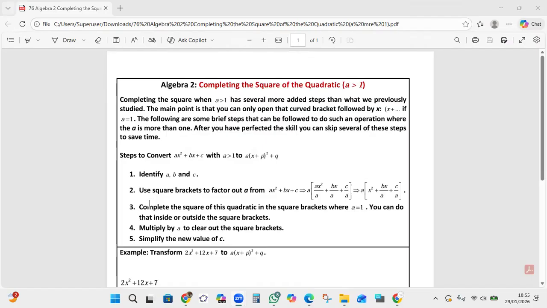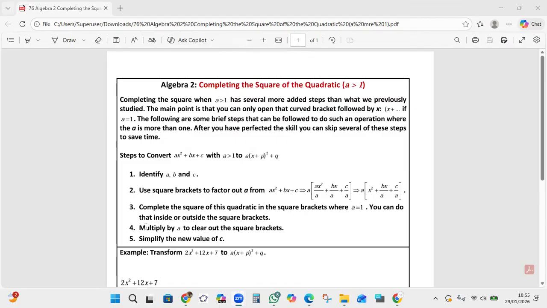So now, since the value of a is 1 inside of the square bracket, you can go ahead in step number 3 and complete the square of this quadratic in the square brackets where a is equal to 1. You can do that inside or outside the square bracket because what you have now is a quadratic where a is 1 inside the square bracket.